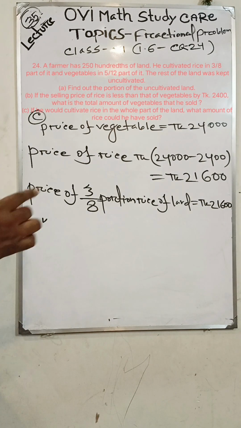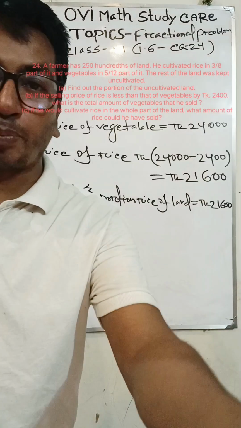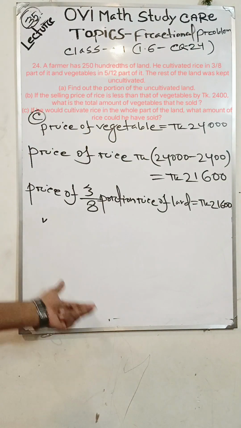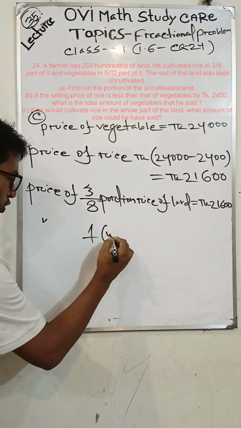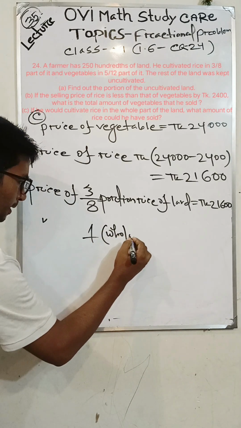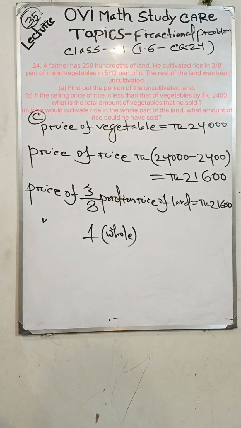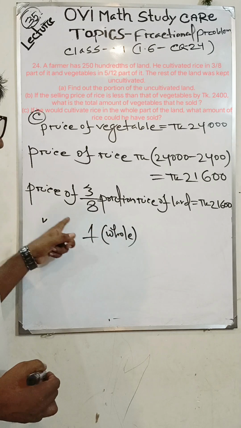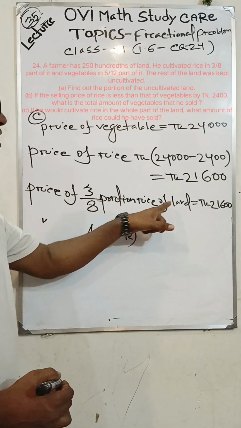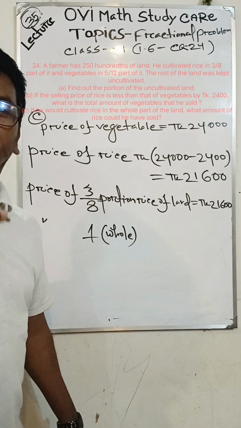So here the question: if he cultivates the total part of land, that means one portion, if he cultivates rice in the whole portion, then the price of the 3/8 portion of rice of land is taka 21,600.